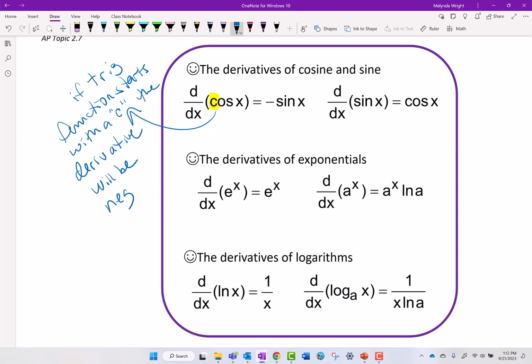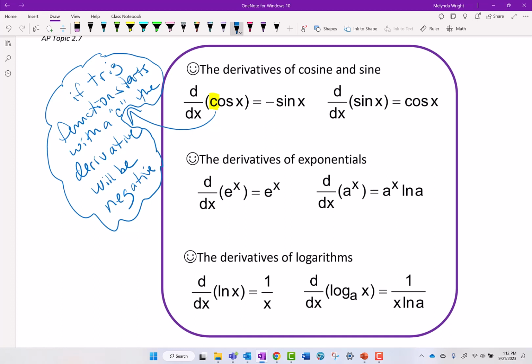This applies to all of the trig functions that start with the c. When I memorize things, I need patterns, and this is one of the patterns I have in my brain. If the trig function starts with a c, its derivative is negative. If it doesn't start with a c, then its derivative is positive.